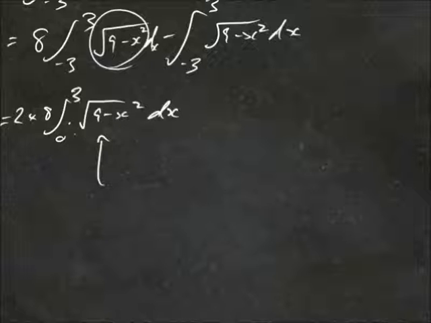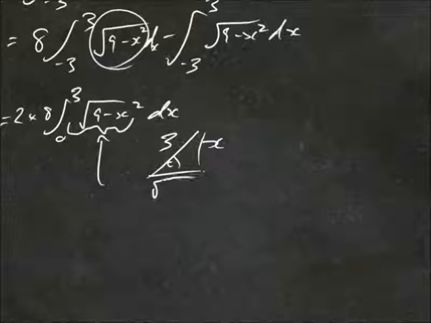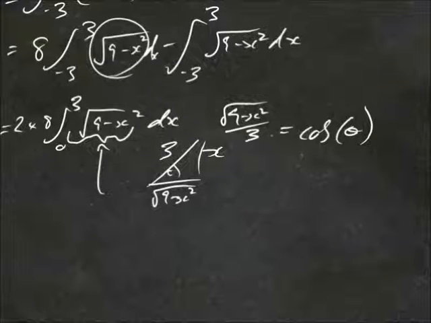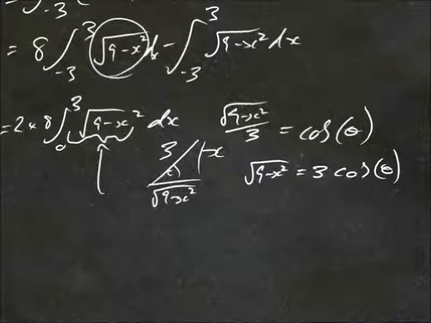Now if we look at this, it is a familiar thing from trigonometry. So for a triangle, that's theta, this would be 3, that would be x, and this would be our root 9 minus x squared. So we know that cos theta is equal to square root of 9 minus x squared over 3, so square root of 9 minus x squared equals 3 cos theta.